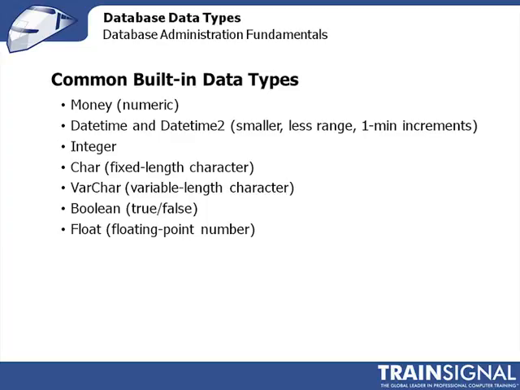There's integer, which is a whole number, so a number with no fractional component or no decimal. The char type is a fixed length character. Varchar is a variable length character, and we'll talk about the difference between fixed length and variable length in just a moment. There's the Boolean type, which simply stores a true or false value, and a float, which is a floating point number, so a number that has a fractional or decimal component.